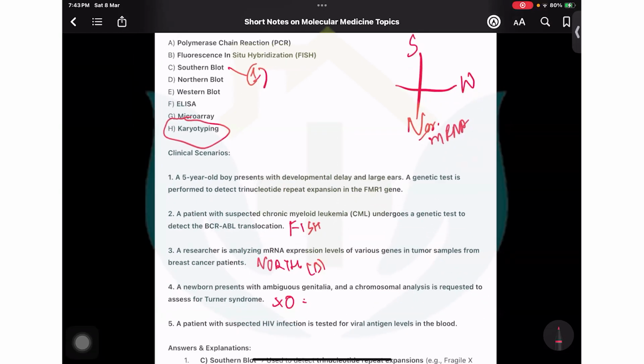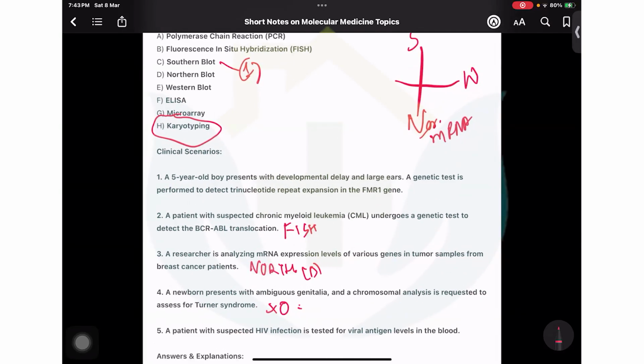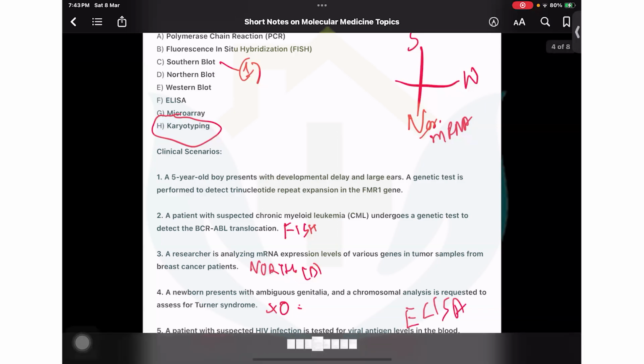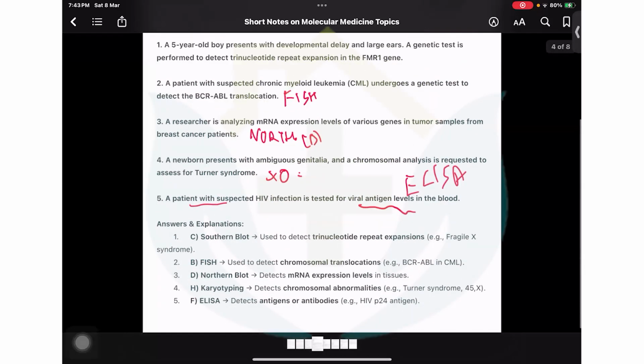A patient with suspected HIV infection is tested for viral antigen level in the blood. So we want to test HIV P24 antigen. How can we do that? Easiest way is? ELISA. Okay, good. So let's see explanations.